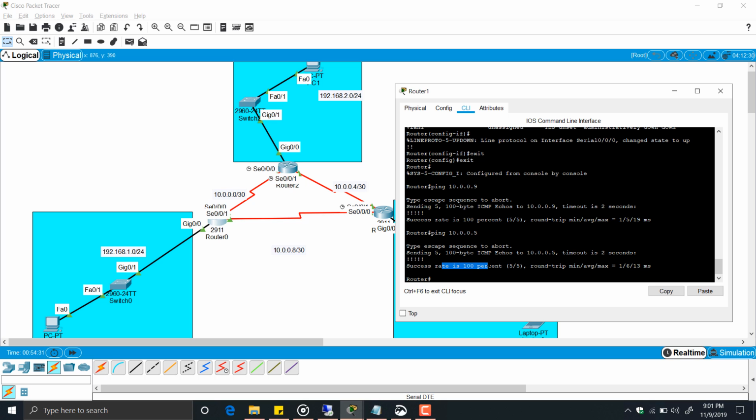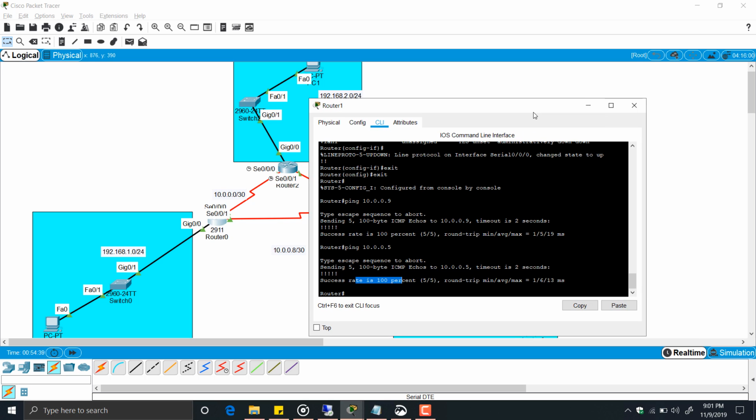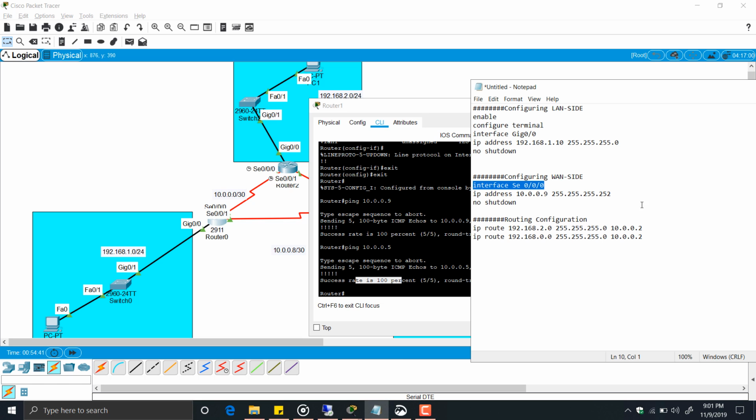Now we're going to configure the clockwise traffic movement. How we're going to do that? We're going to use the command IP route, which will give a table to the routers so they can look. Okay, the packet is looking for this network with this mask, so I'm going to give it to this router, which will be the next hop.